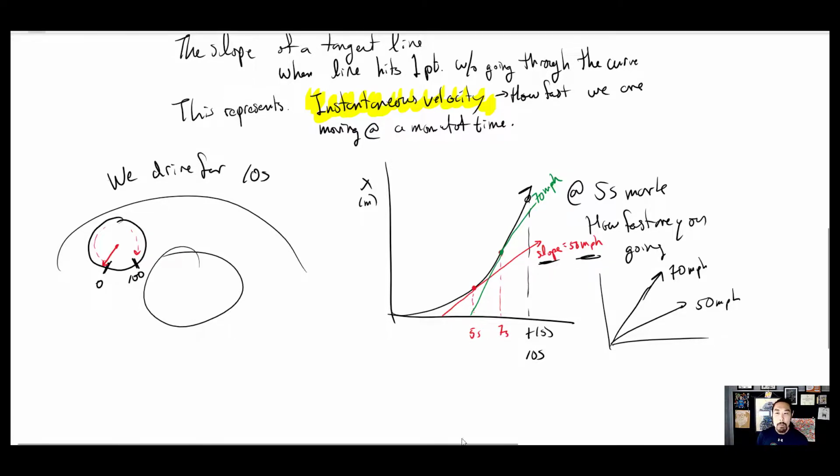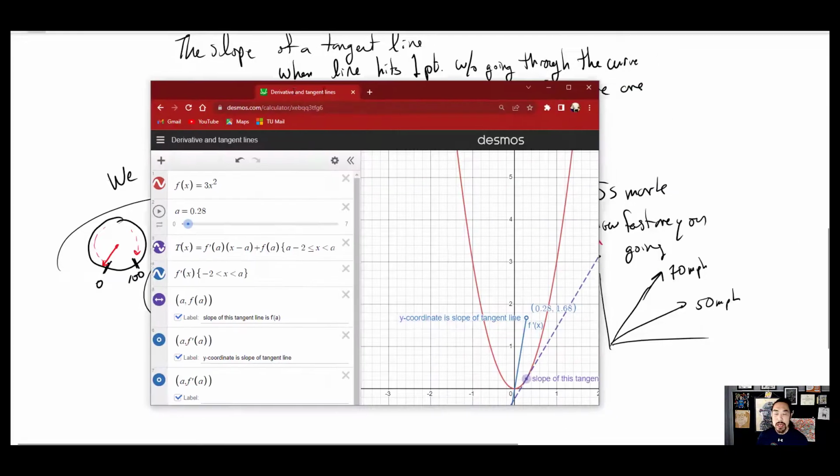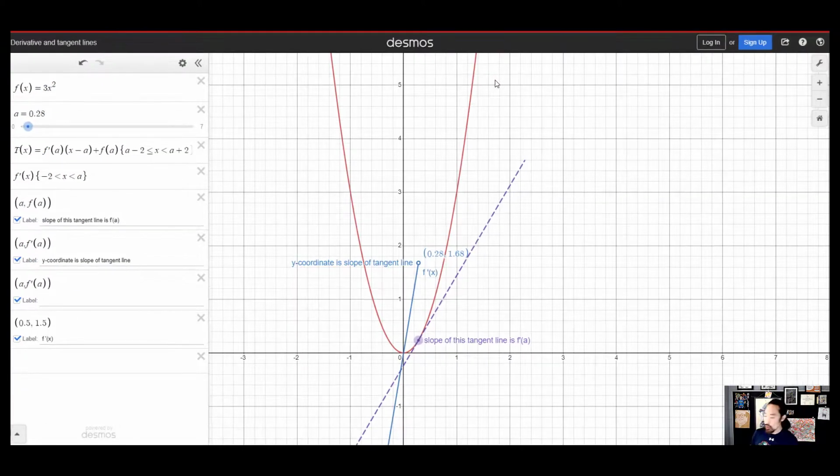All right, I'm going to do a quick little sidetrack here to show you on Desmos. If you were to type in, let's say, a tangent line calculator, you would get something that looks like this. So in the very first line, I just wrote in our formula. Position is equal to 3t squared.